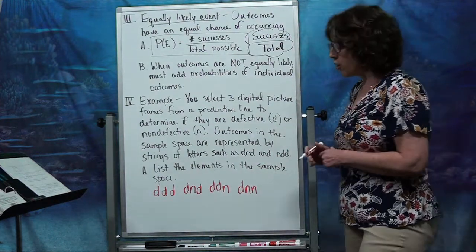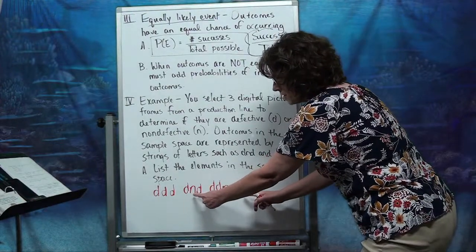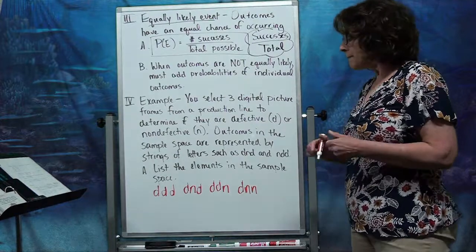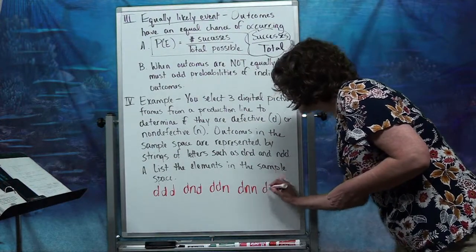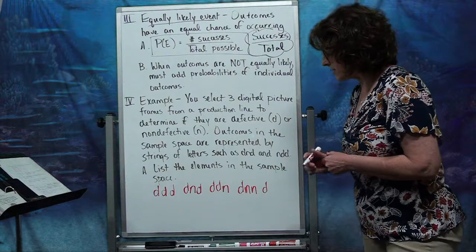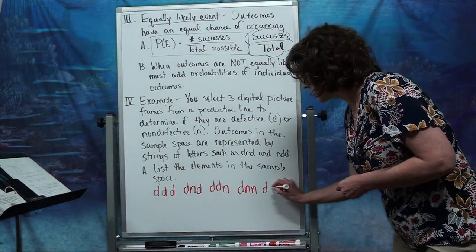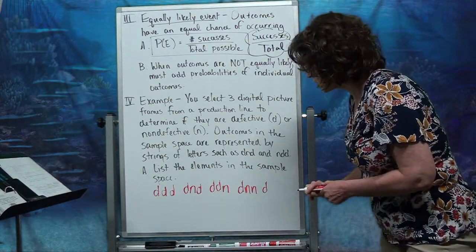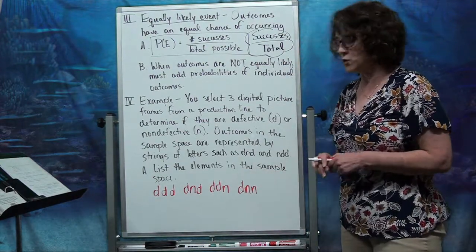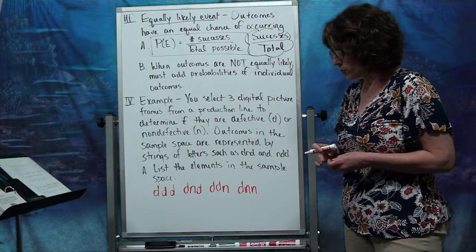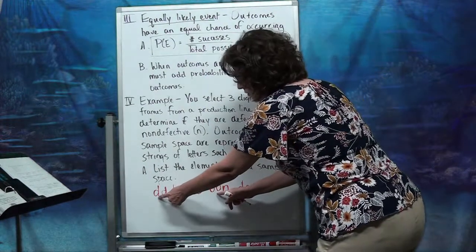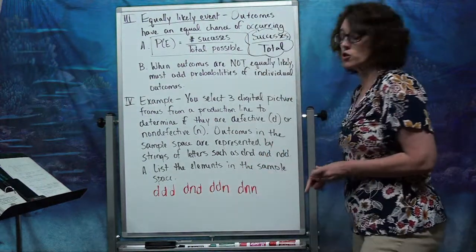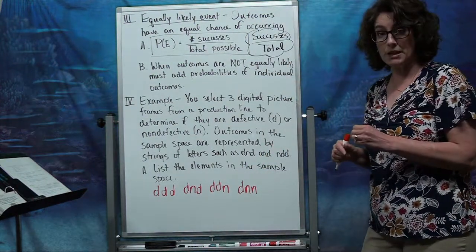So I've exhausted all options where the first one's defective and the next one is not defective, and then I've switched these up. I've exhausted all the options where the first one is defective. I have no other choices because I kept the first 2 defective, switched these, kept the next one not defective, and switched those. So those are all the options with the first one being defective.